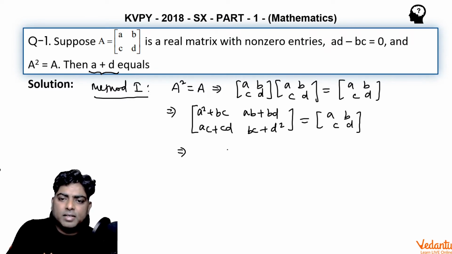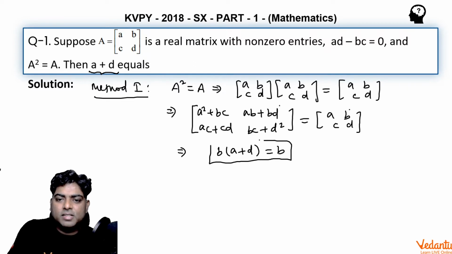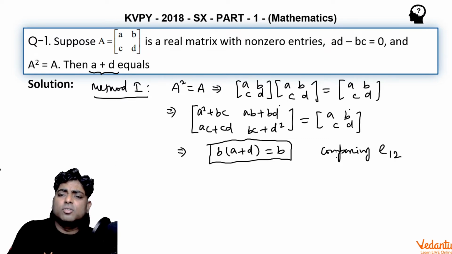If you take B as common, we get B into A plus D is equal to B. See these two. From here only we can get the value of A plus D. Comparing the element of first row and second column, or the second row and first column, you'll get this.